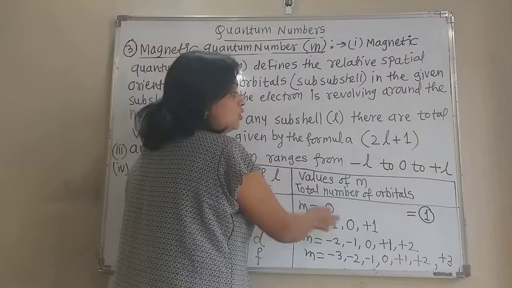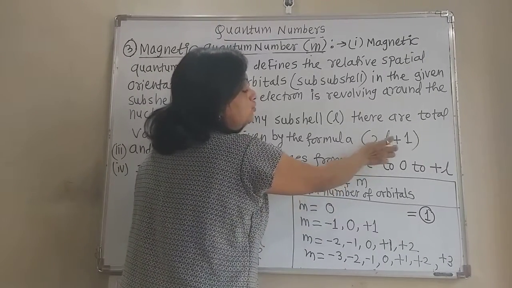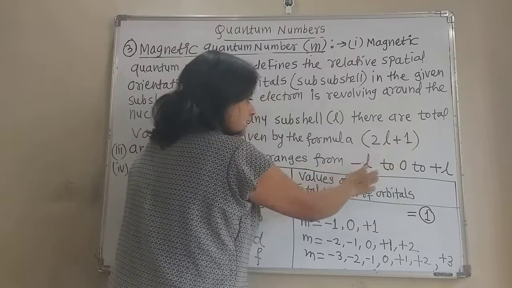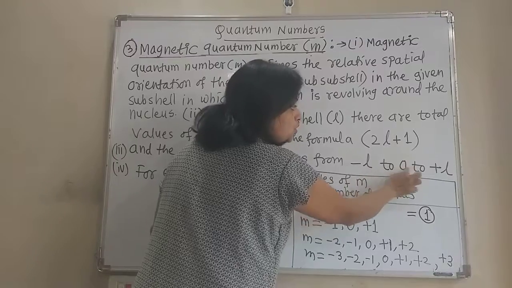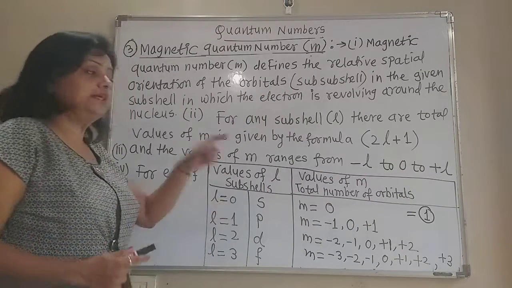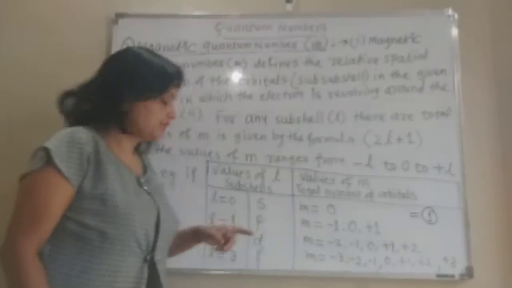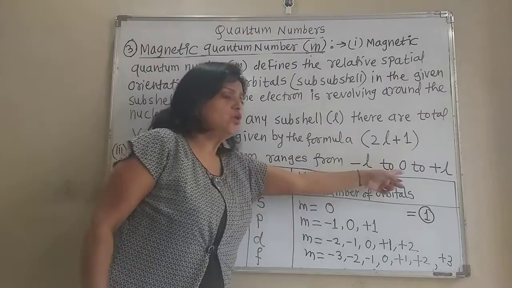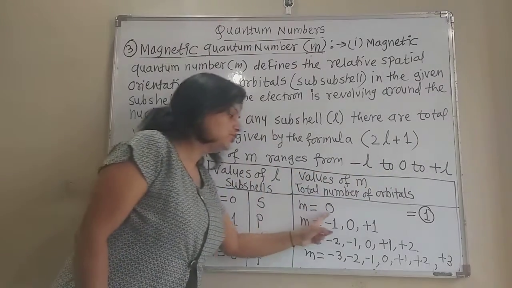The values range from minus L, 0 to plus L. But L is equal to 0 here, so only 0 is there, and the value of m is 0.